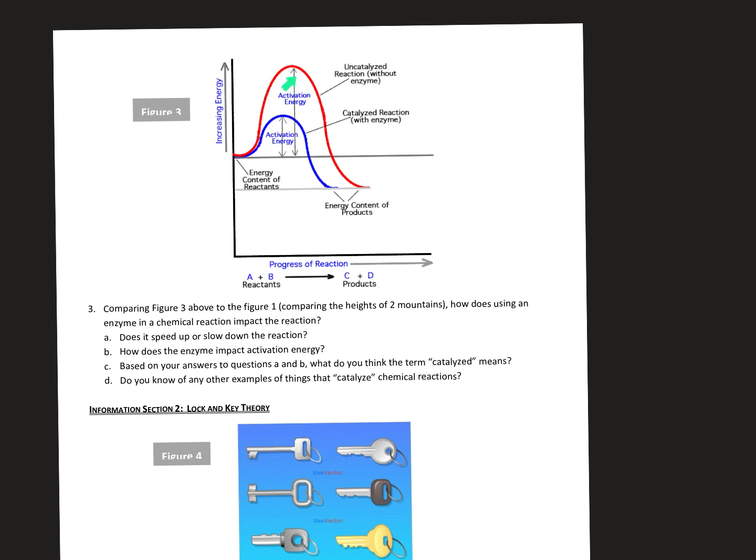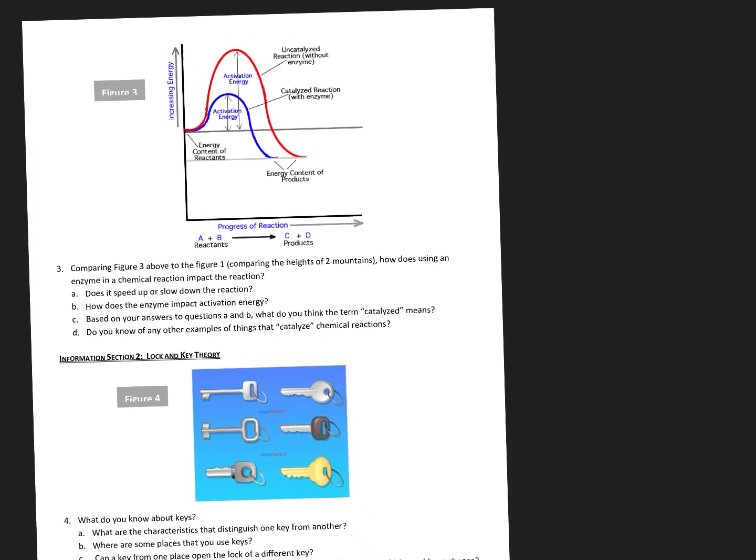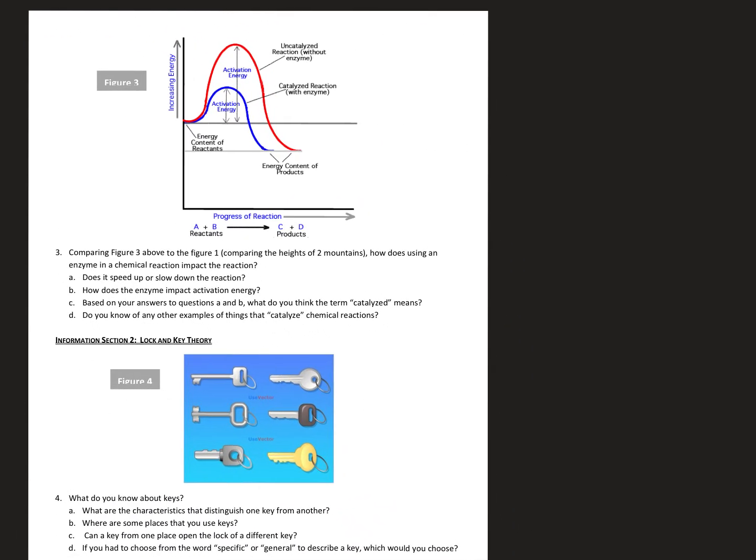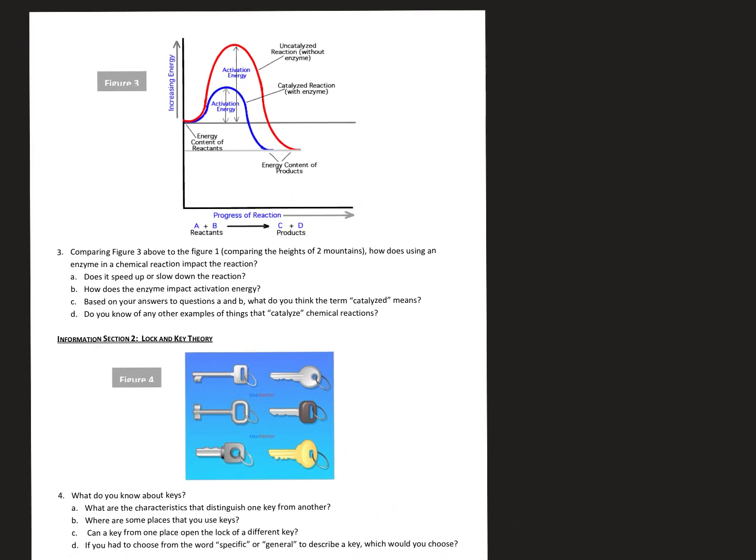But when the enzyme is present, the enzyme is able to lower that activation energy, so the hill is smaller, so the reaction goes much faster. And as you saw in our latest lab setup that we went over on Friday in the last video, these enzymes can catalyze hundreds of reactions, thousands of reactions per minute.